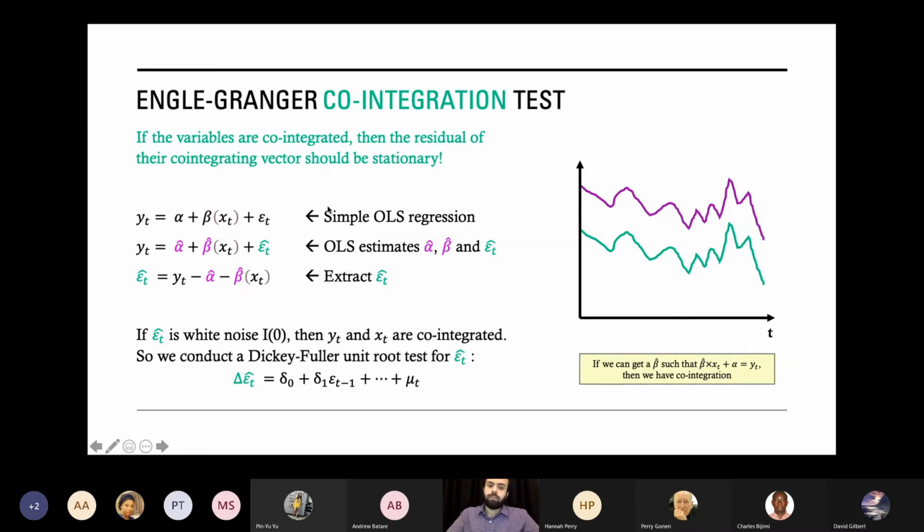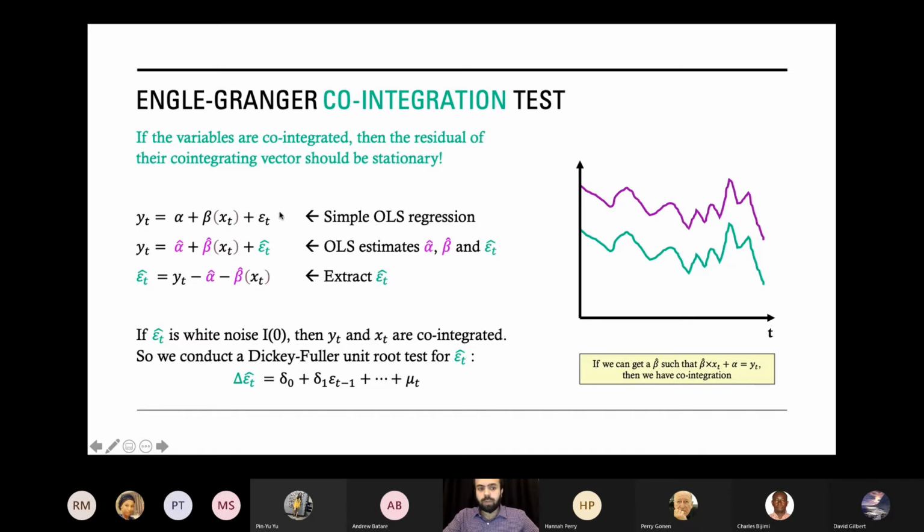If that is the case, that these estimates can actually predict the value of yt, and the error term that we get from that regression is white noise, which means that the error term is basically a stationary series. Then we can say that we have cointegration between xt and yt.